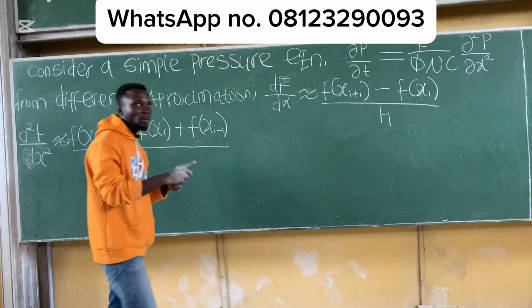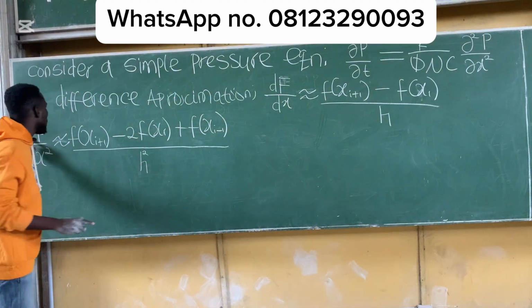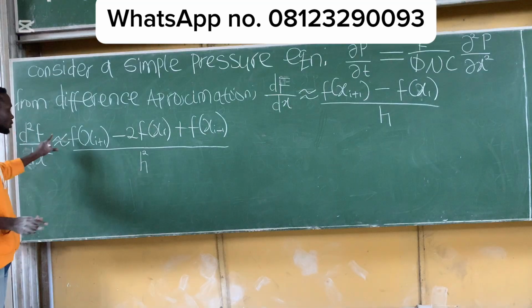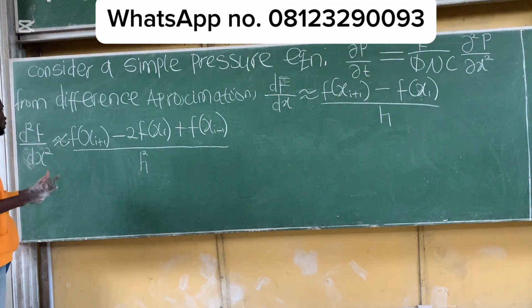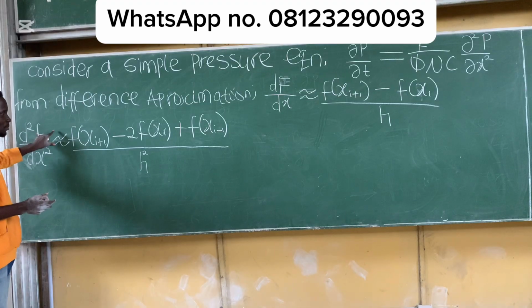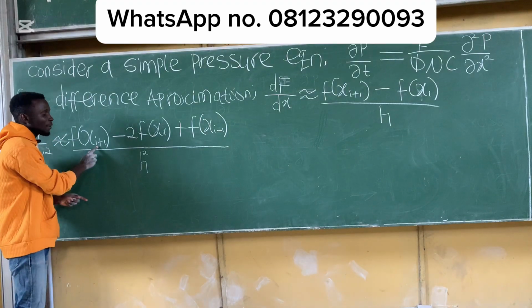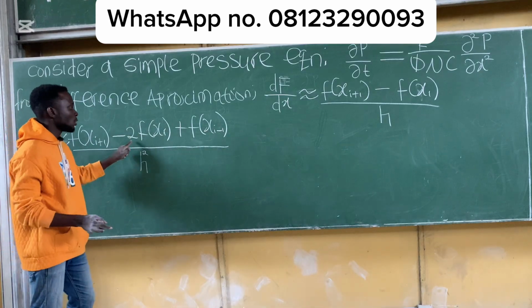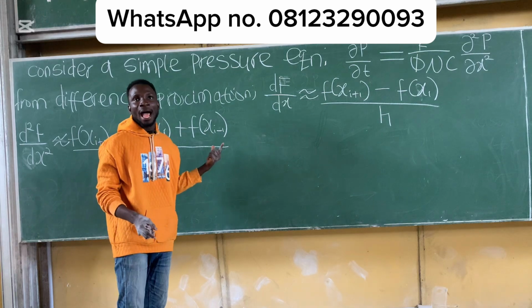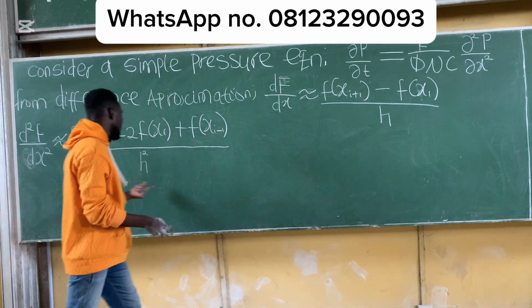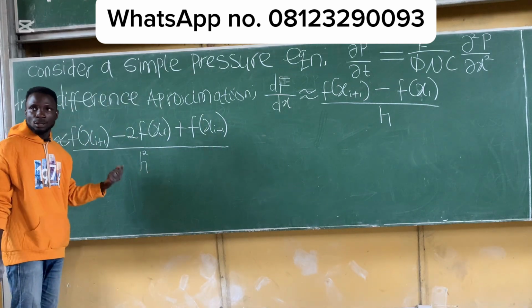And for second order, the relationship between forward difference approximation and Taylor series, we said that it is approximately equal to f of xi plus 1 minus 2f of xi plus f of xi minus 1, then divided by h squared.